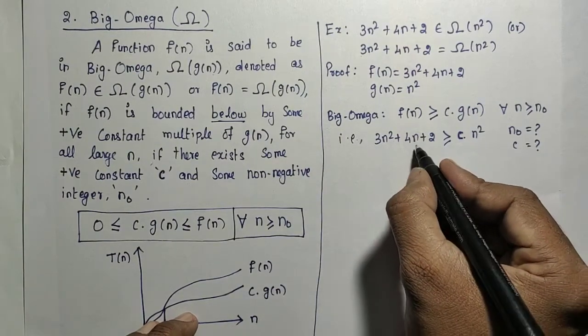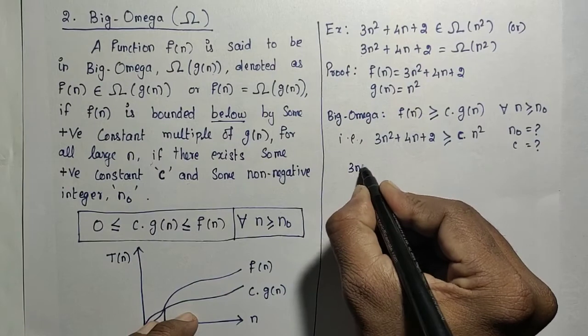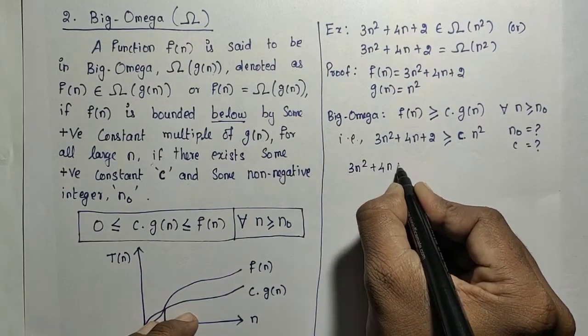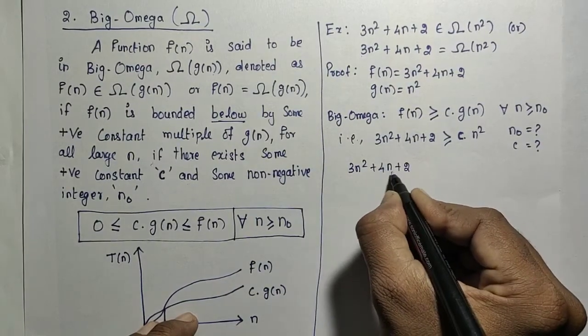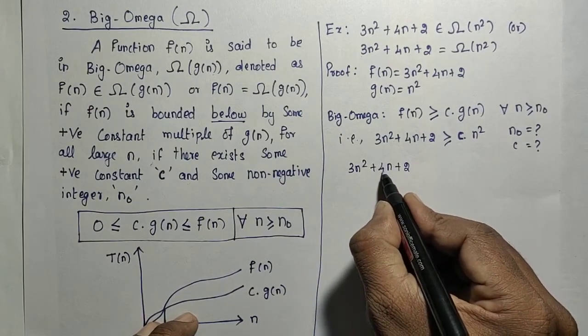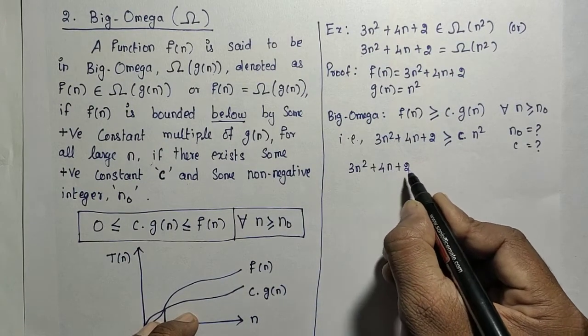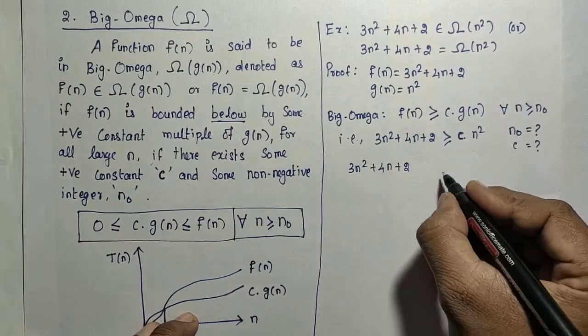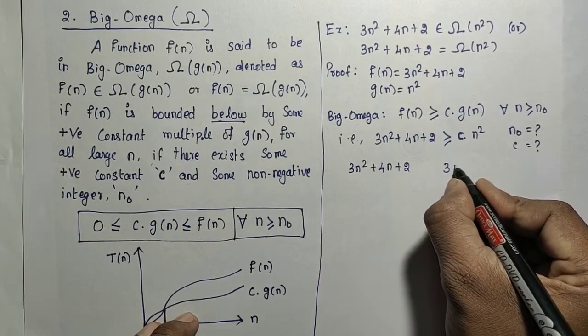So for this, write the terms 3n squared plus 4n plus 2. Instead of raising this power to n squared, you just skip the term 4n and then 2, these terms are going to be skipped, so we can write simply 3n squared, correct?